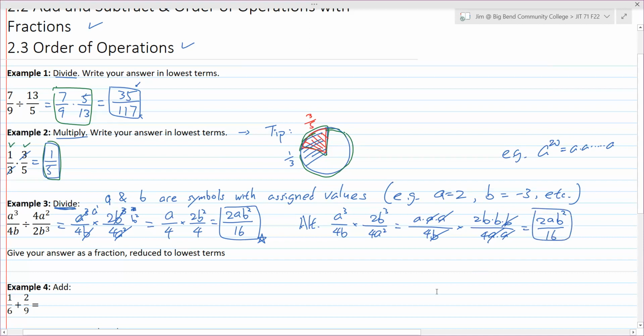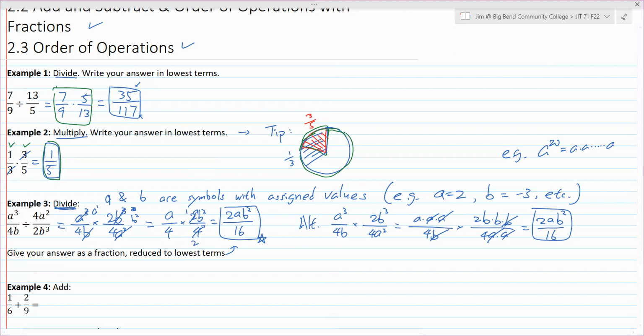All right, hope that helps. And then the question states that you give your answer as a fraction reduced to lowest terms. Done. Oh, wait, no, not yet. If I want to reduce to the lowest term, I can divide out 2 and 4, so we will have 1 and 2.